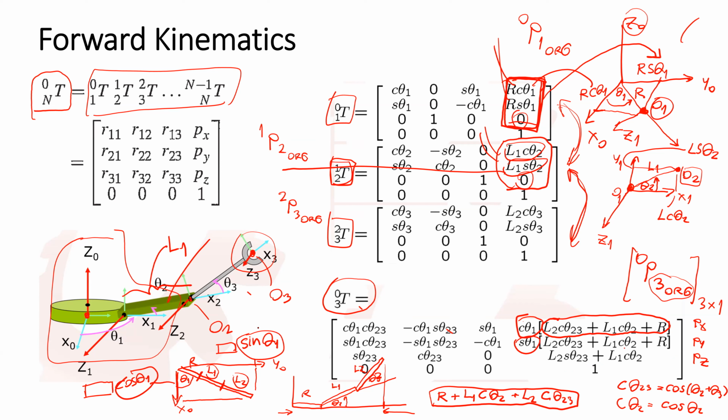How about the z position? This length is just equal to L1 sine theta 2 plus L2 sine of theta 2 plus theta 3. So this is the position in the z direction.